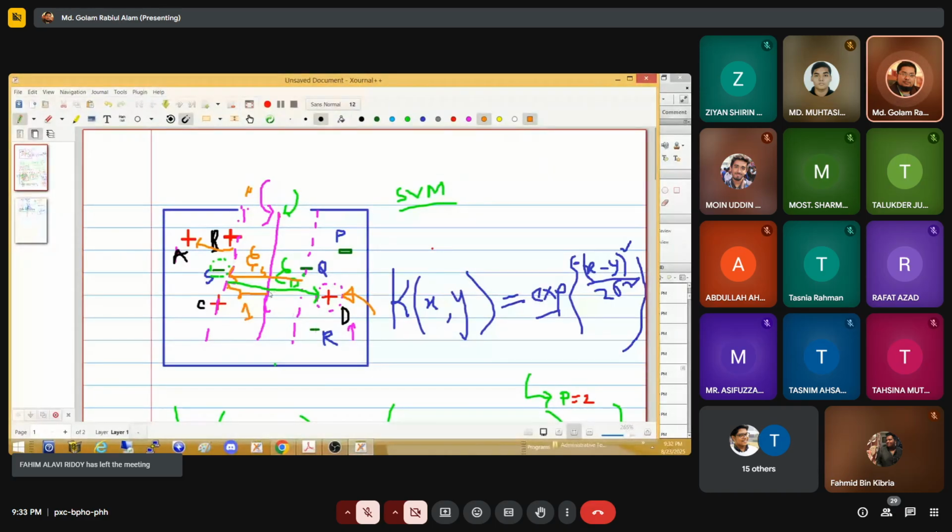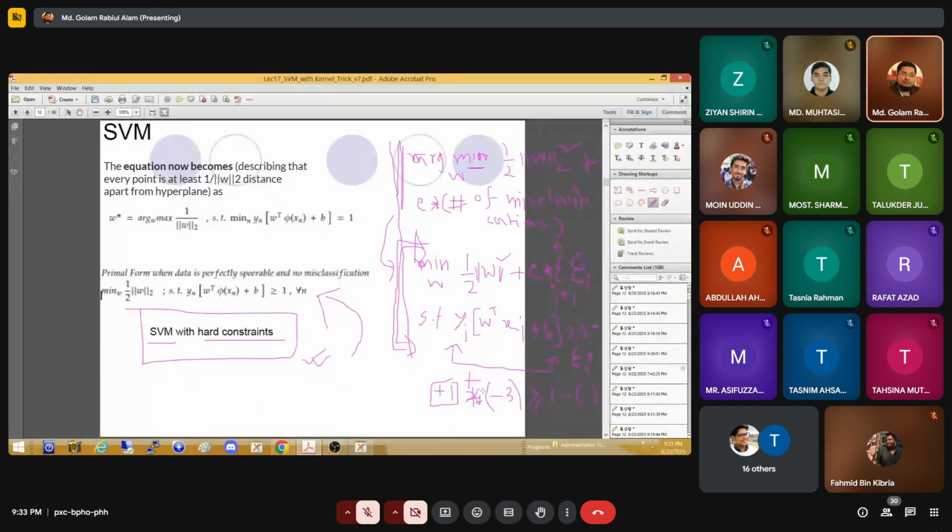But from our hyperplane to D, what's the distance? The distance is -3. Okay, the distance is 3 actually. Here we assume that this is 3, -3. Okay, -3.